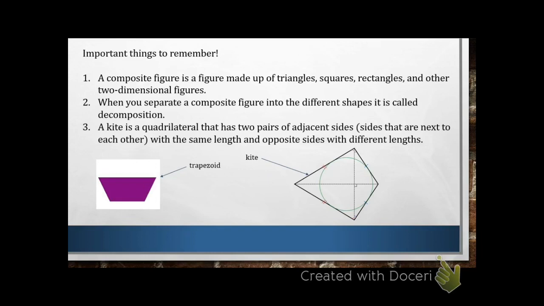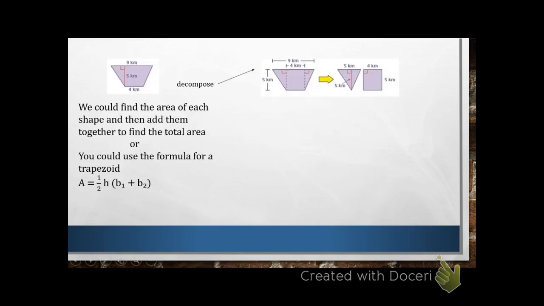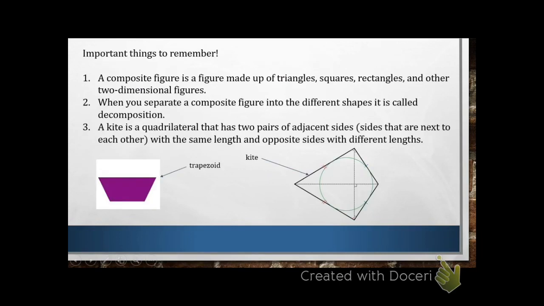And a new shape for most of you might be the kite. A kite is a quadrilateral that has two pairs of adjacent sides. And I put the definition for adjacent in the parentheses. They are sides that are next to each other with the same length.